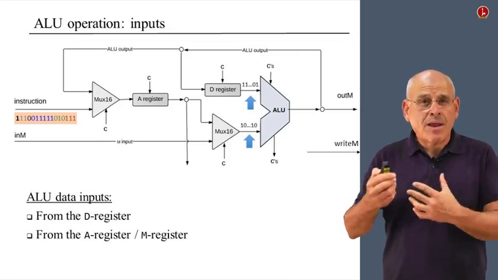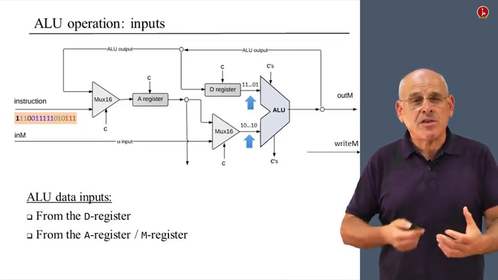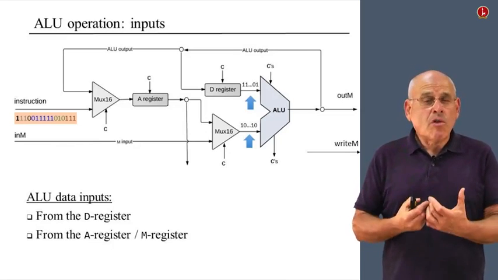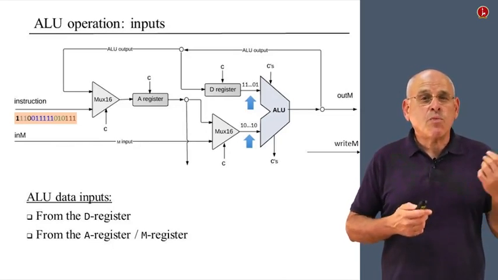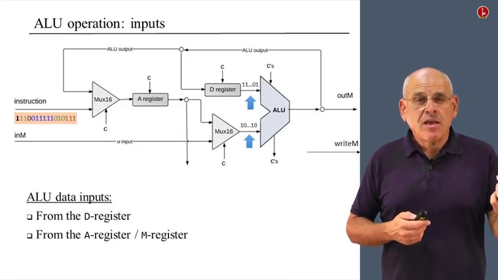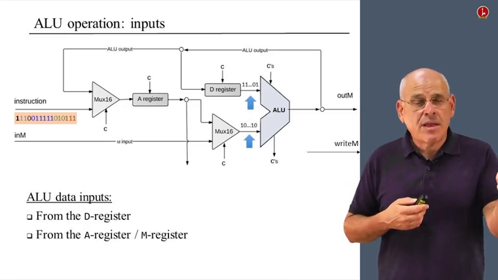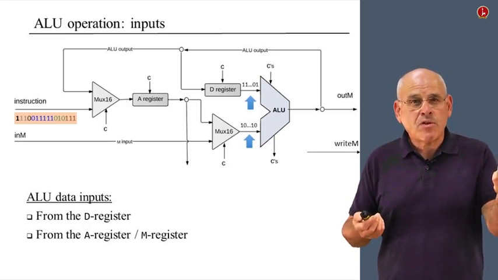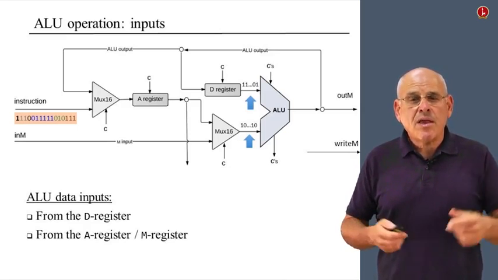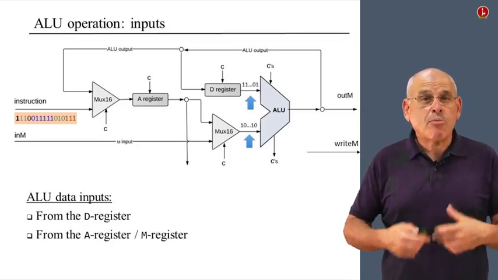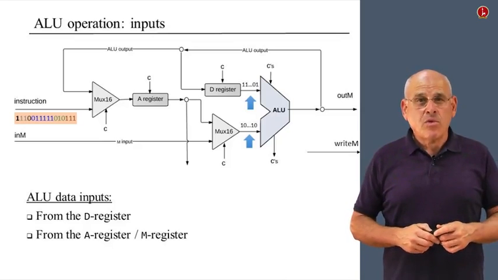And there's a multiplexer that takes care of this decision of where to take the value from. And the control bit of this multiplexer is one of the bits in the instruction. So once again, the CPU designer has to take this bit that determines from which source we want to read the input of the ALU, and the ALU will then get the correct inputs, or the inputs that the programmer intended it to receive.